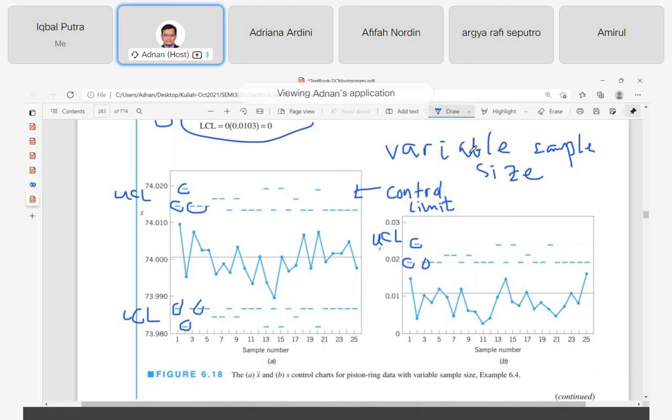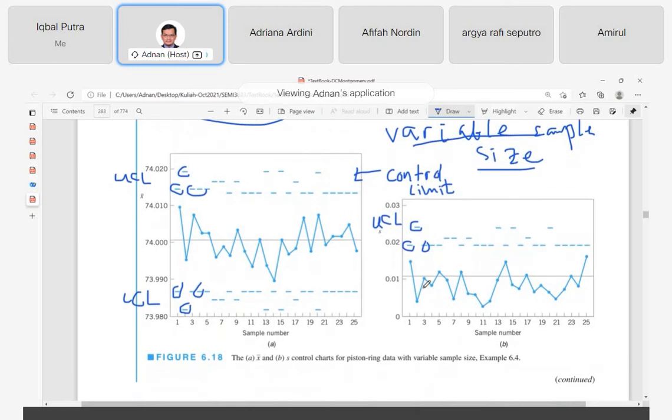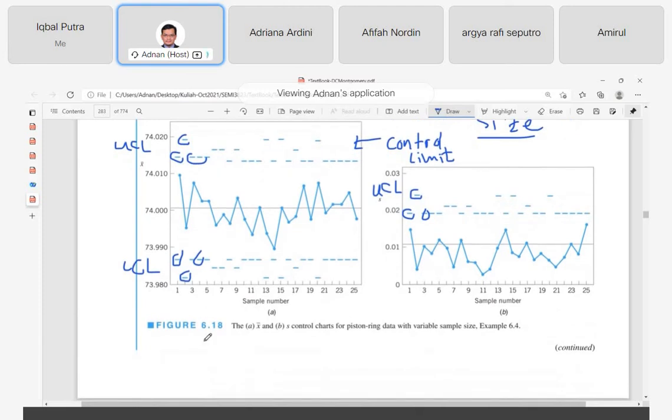For variable sample size, there are two ways of handling this. One way is we take n individually. Another way is we take the n average, and this n average will be used in the formula.